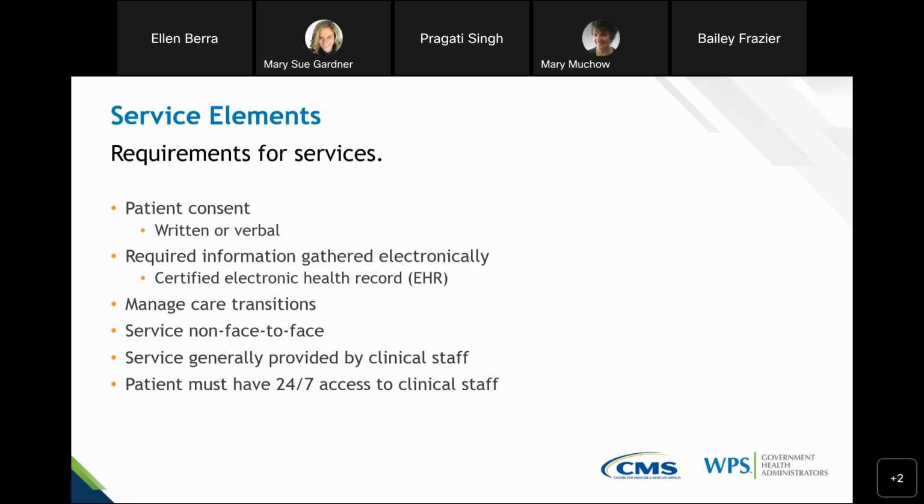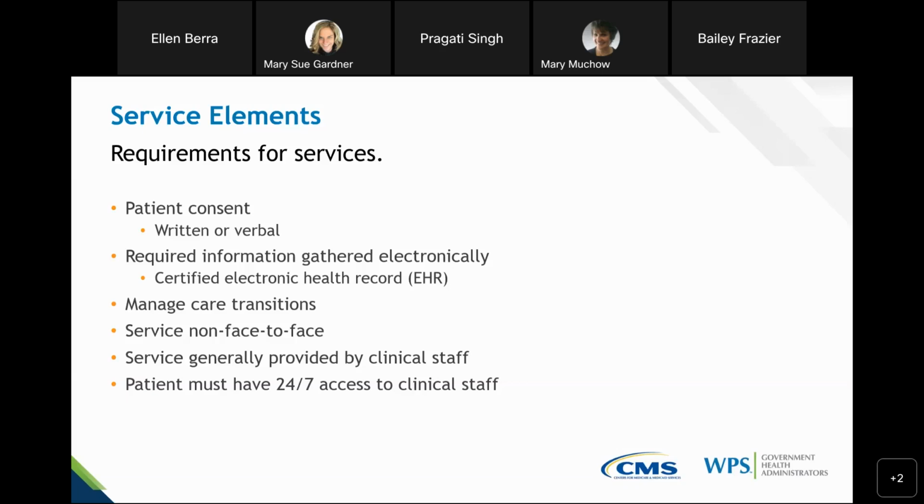There's certain information that has to be gathered in a certified electronic health record, and we'll talk about that in a second. You do have to manage care transitions, which means they're coming out of the hospital, out of the emergency room, out of a skilled nursing facility, something along those lines. And then the patient has to have 24/7 access to clinical staff.